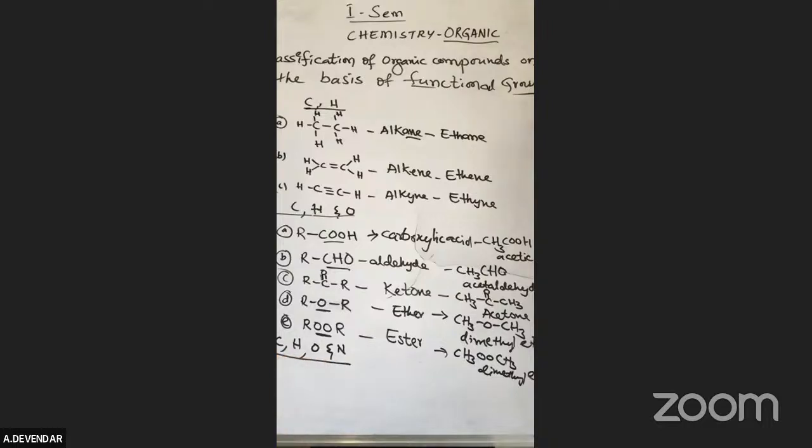Suppose an organic compound consists of carbon, hydrogen, oxygen, and nitrogen. For that I'm using the simple group NO2, nitrate, with R, an alkyl. Alkyl means it consists of carbon and hydrogen.